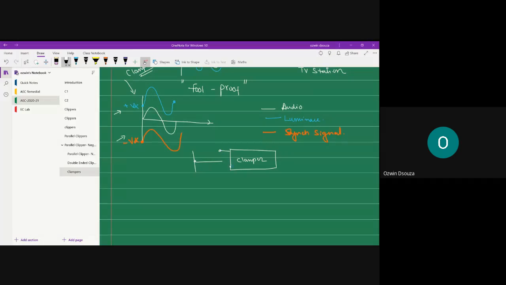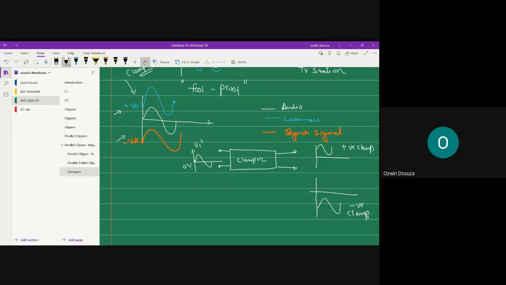Across the input terminals of the clamper, you will give a 0 volt level signal, whereas across the output terminals of the clamper, you can get either a positive DC, positive clamp, or you can also get a negative clamp. So that's the brief introduction of the clamper circuit.